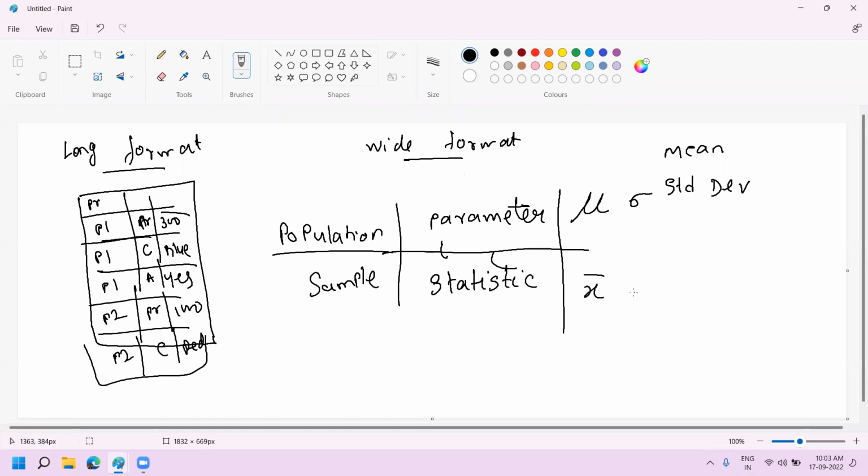And for sample, it is s, small s, not capital S. Capital S is something else. So mu and sigma are population parameters representing mean and standard deviation. X bar and small s represent the sample statistic.